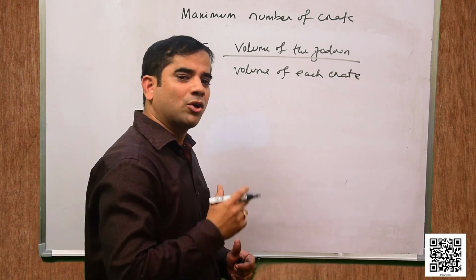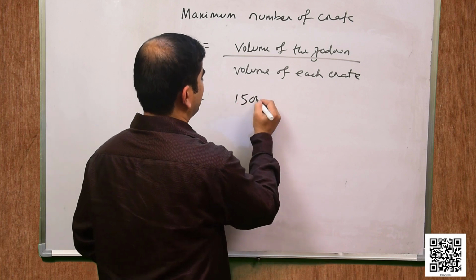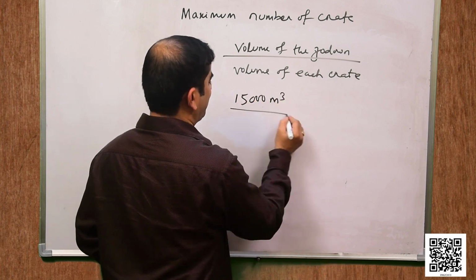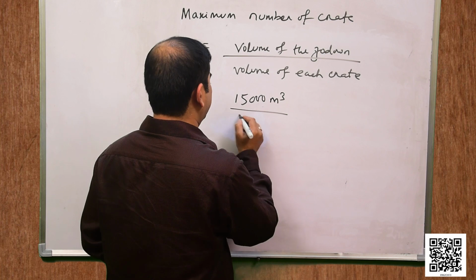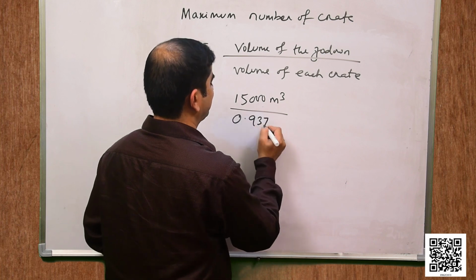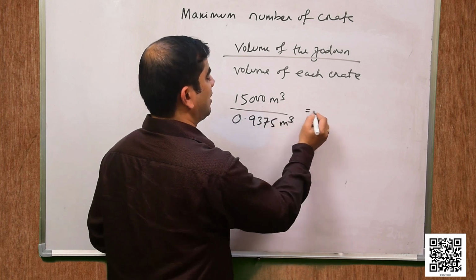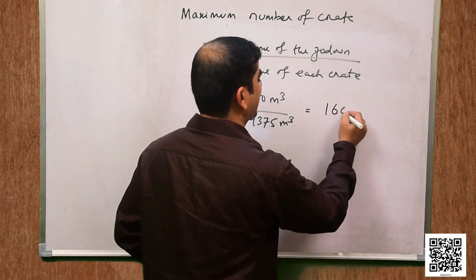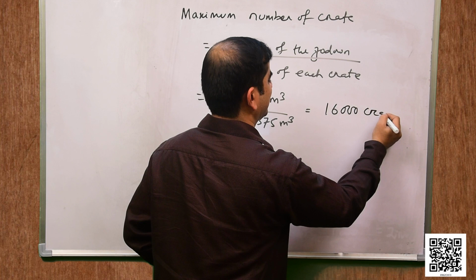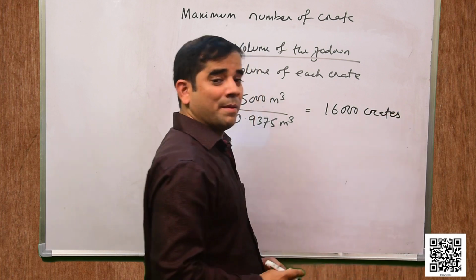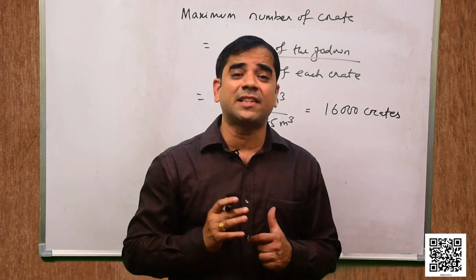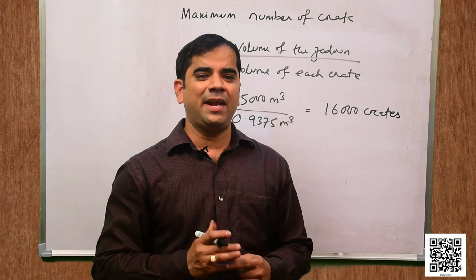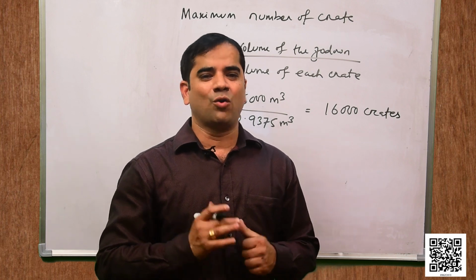So, what is the volume of the godown? 15,000 meter cube divided by 0.9375 meter cube, and when you calculate, it comes up to 16,000 crates. So, a maximum of 16,000 crates can be kept inside the godown.